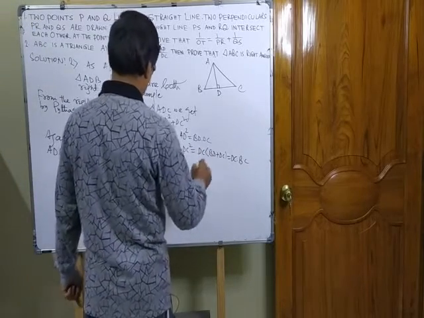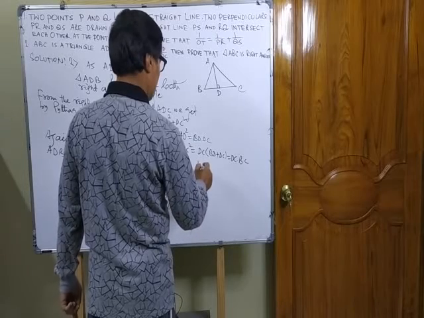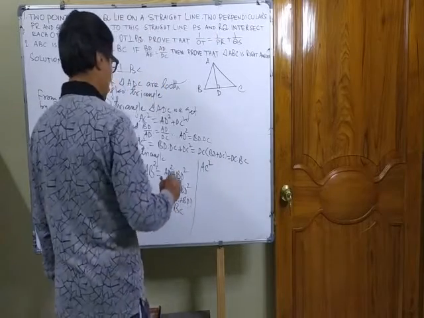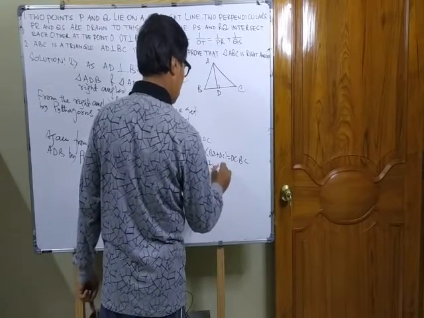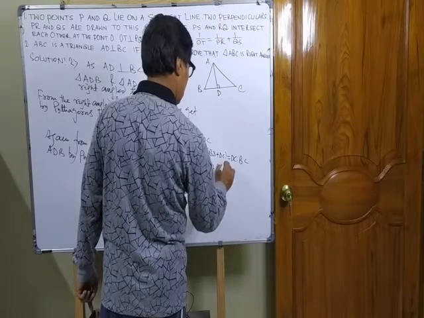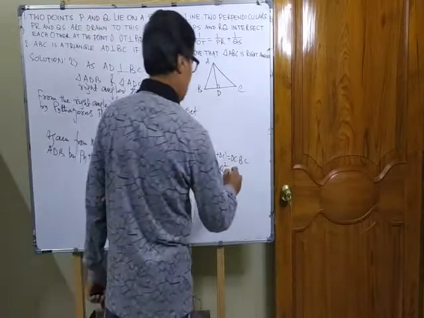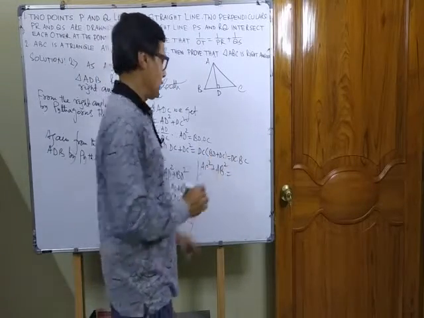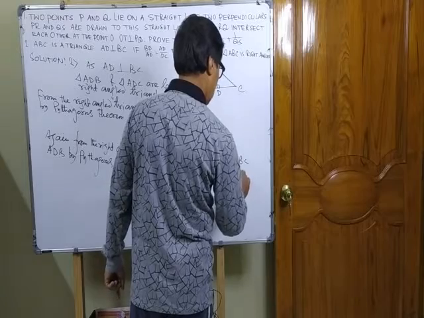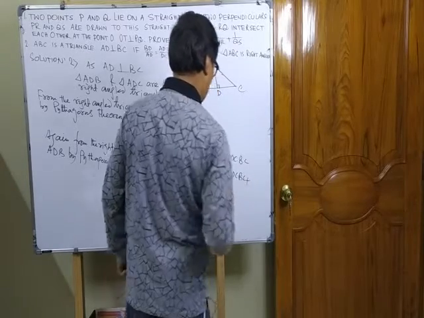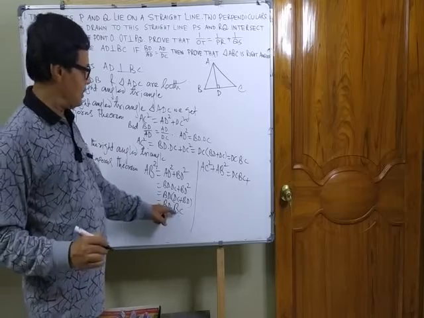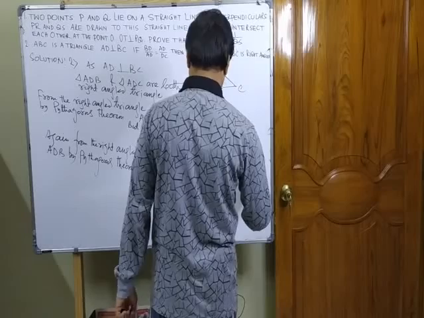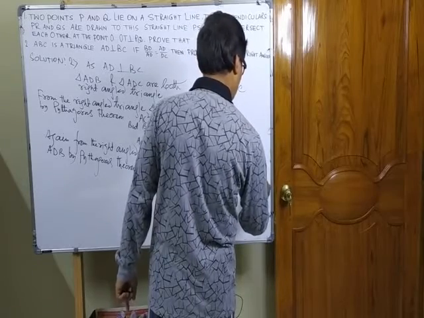If we add AC square and AB square, we get AC square is DC multiplied by BC, and AB square is BD multiplied by BC. We have also got that, BD multiplied by BC.